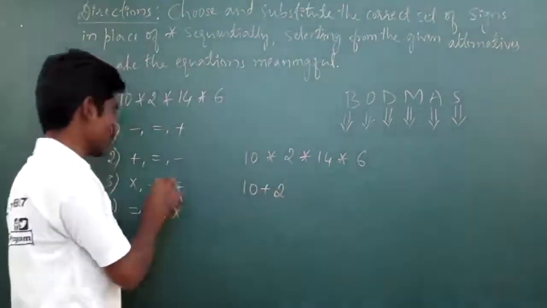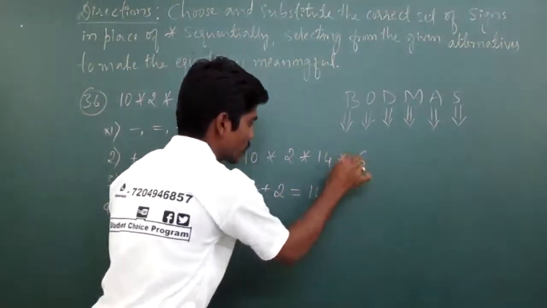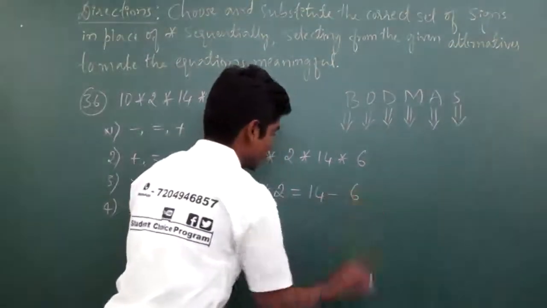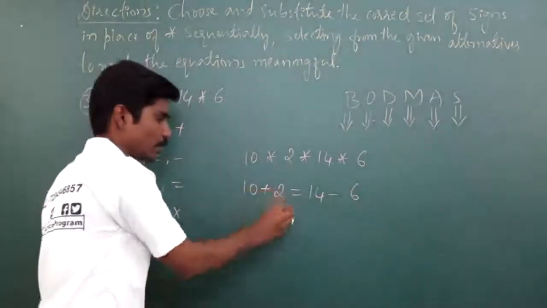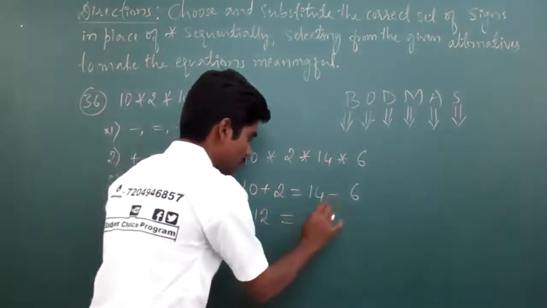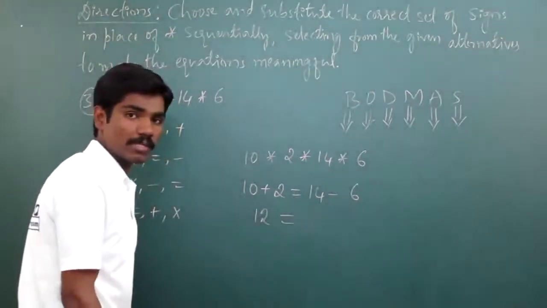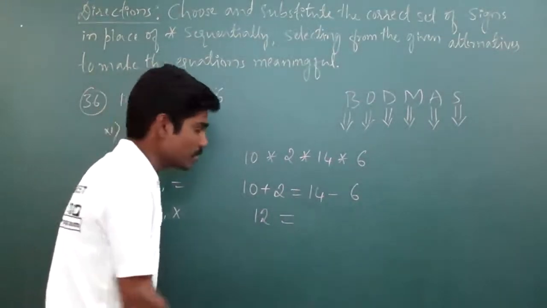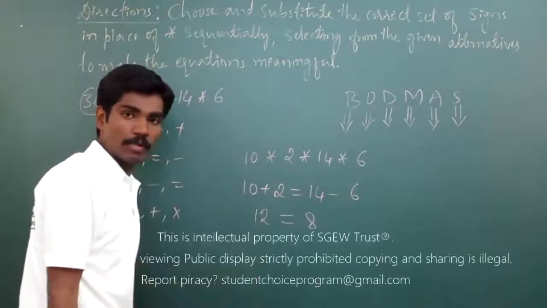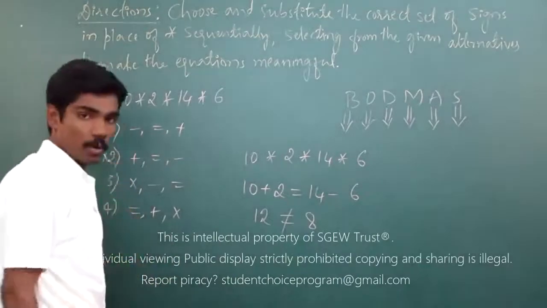Now in place of star, is equal to, then 14 as it is. Again in place of star, minus 6. Now see, what is 10 plus 2? Of course it is 12. That is equal to, as it is, 14 minus 6. What is 14 minus 6? Yes, of course it is 8. Once again you can see 12 is not at all equal to 8. Therefore, the second option is also wrong.